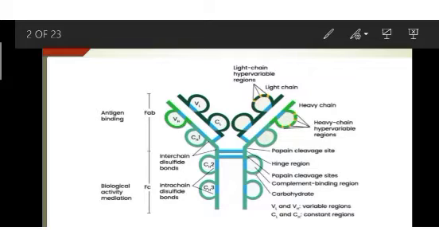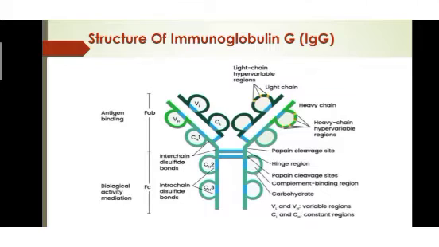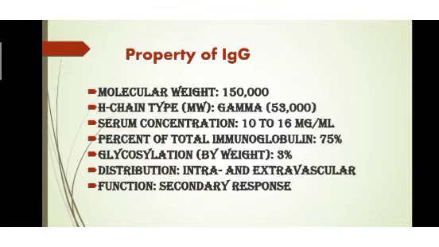And in our previous video I discussed the structure of immunoglobulin. So let's know about some properties of immunoglobulin G. The molecular weight of immunoglobulin G is about 150 kilodalton.